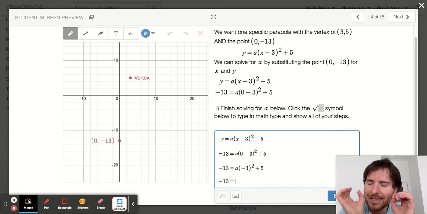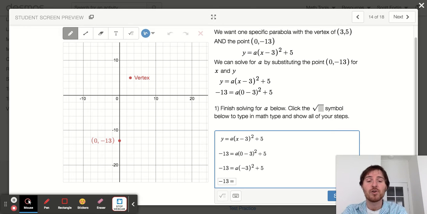Well, -3 times -3. Any real number squared is going to be a positive number. So -3 times -3 equals +9. I'm going to collect that -3 squared and make it +9.